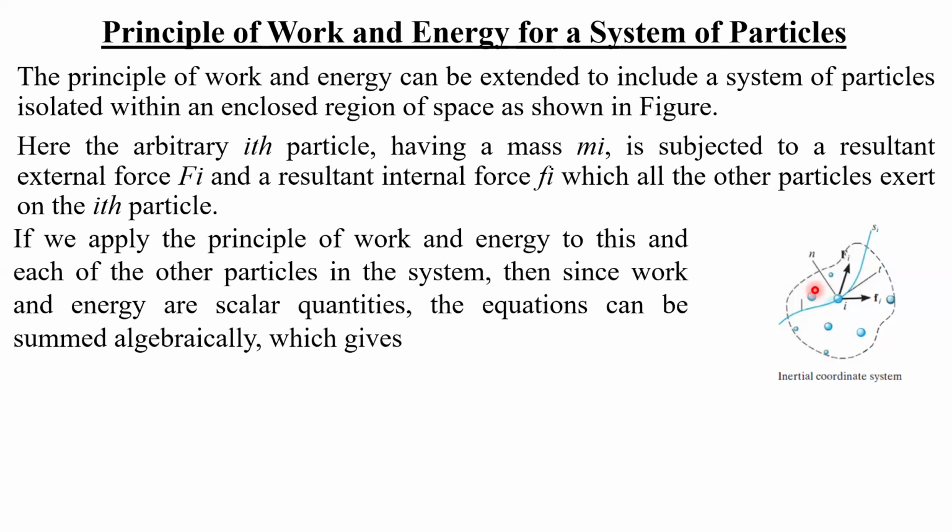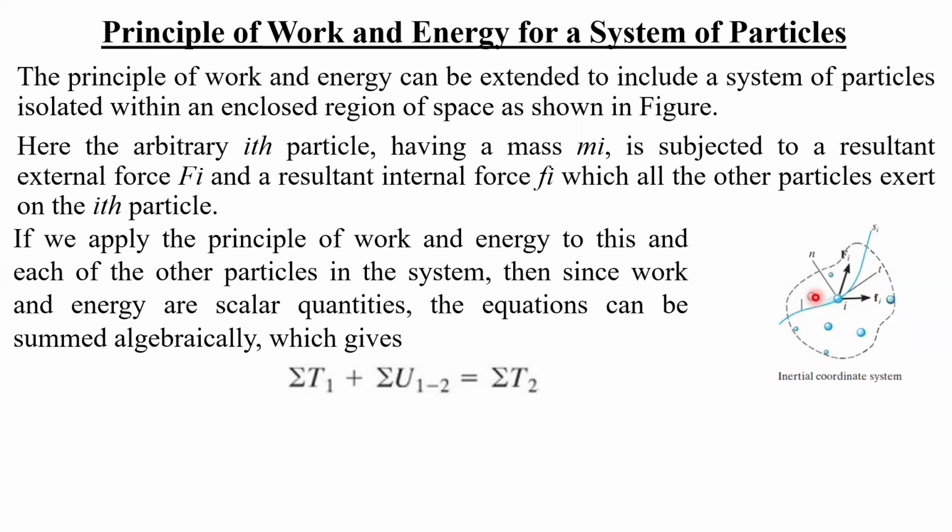If we apply the principle of work and energy to this and each of the other particles in the system, then since work and energy are scalar quantities, the equations can be summed algebraically. We've looked at applying the principle of work and energy to a single particle.